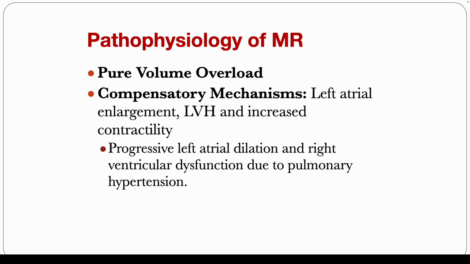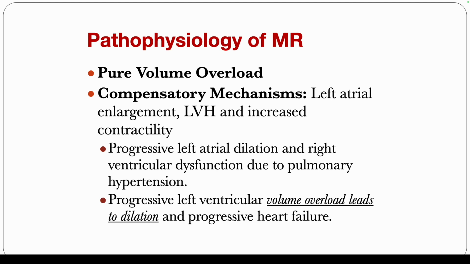There is progressive LA dilatation with right ventricular dysfunction due to pulmonary hypertension. Progressive LV volume overload leads to dilatation and progressive heart failure. So in mitral stenosis, there is no heart failure. LV is normal. In mitral regurgitation, over time, LV starts failing. So that's the main difference between the two.